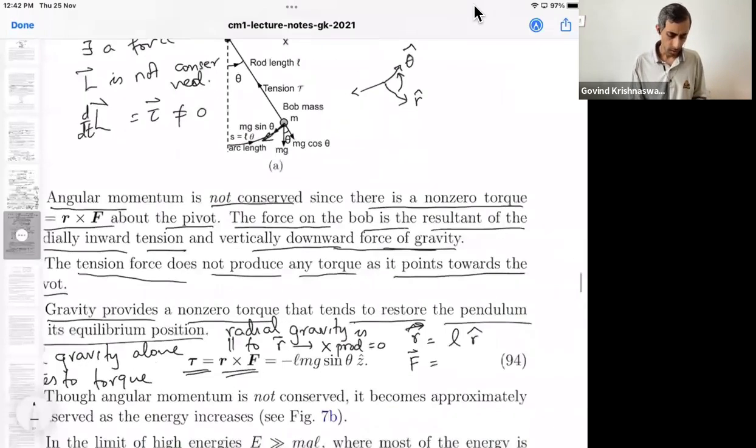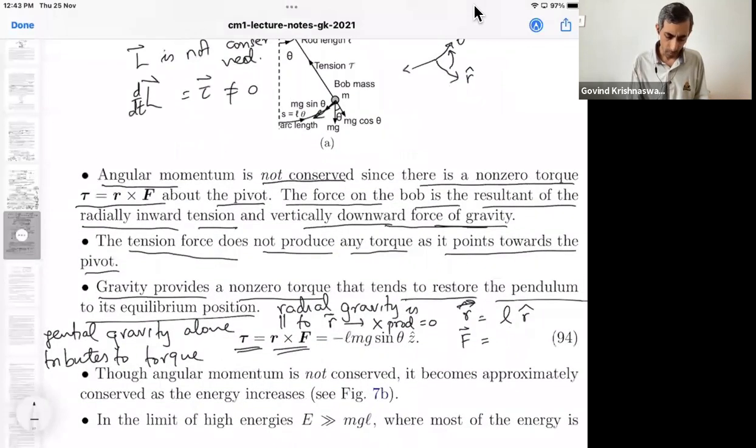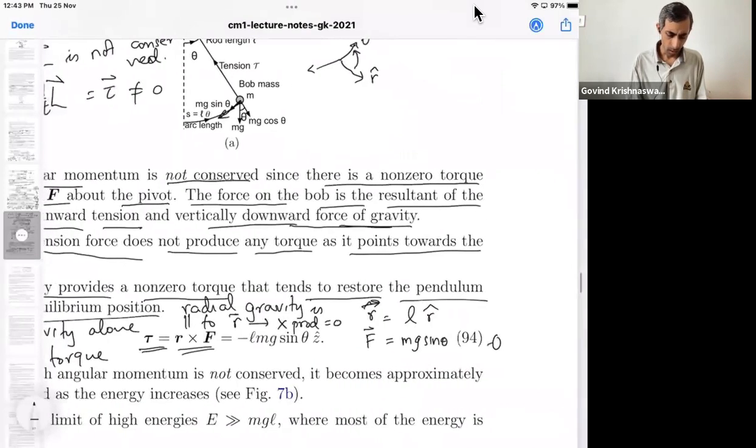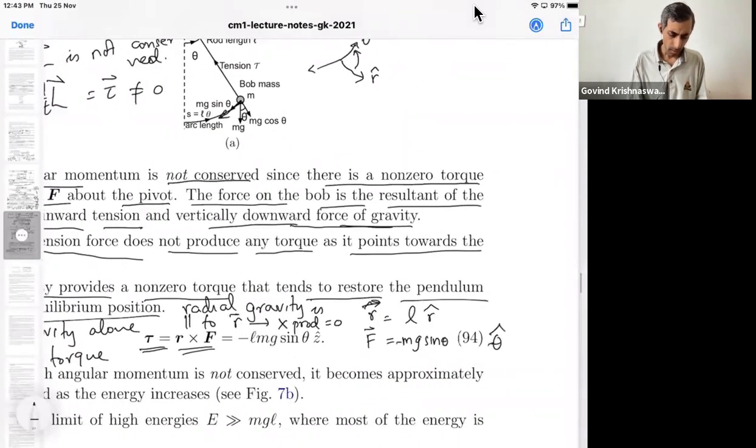The force will be given by mg sine theta, in the tangential direction but with a minus sign. So that is the tangential gravitational force. If I take the cross product R cross F, I get minus mgl sine theta, R cross theta, which was Z.